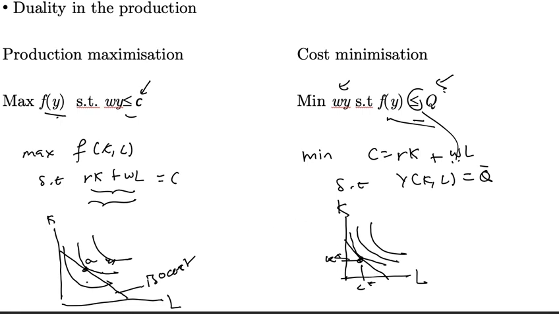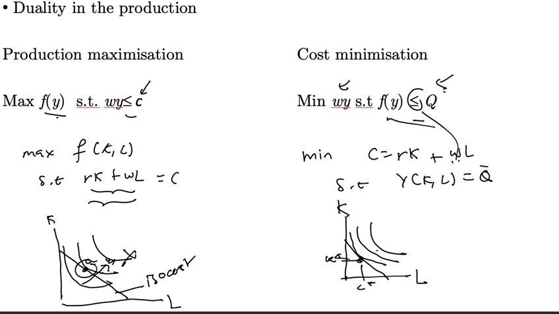So here we try to achieve the maximum isoquant, but then it has to be achievable in such a way that it is within our budget, which is here. So this highest isoquant is not attainable. On the other hand, when we have cost minimization, we're trying to achieve an isoquant given the isocost, given the limitation.